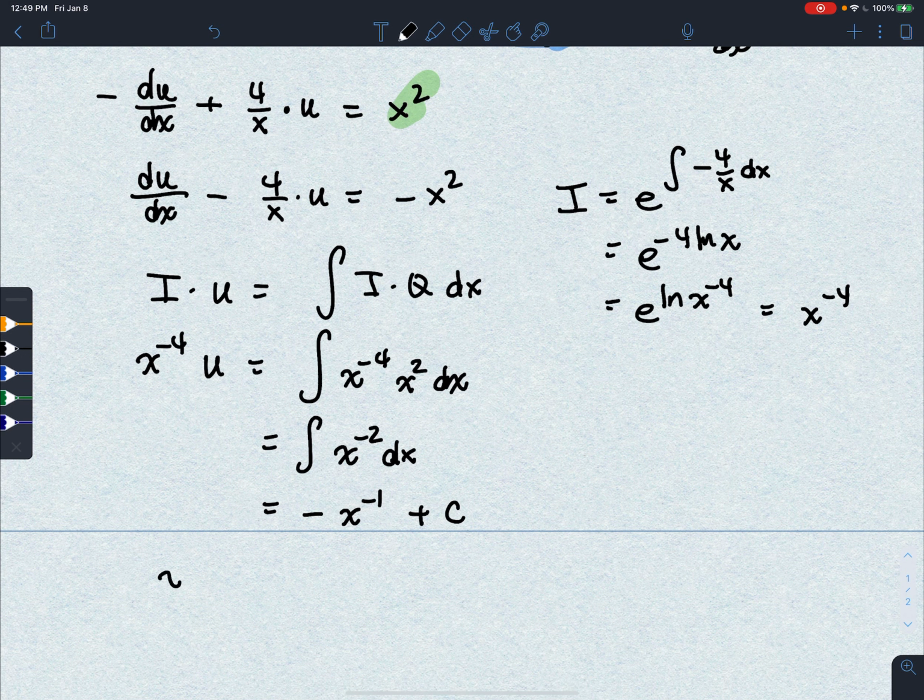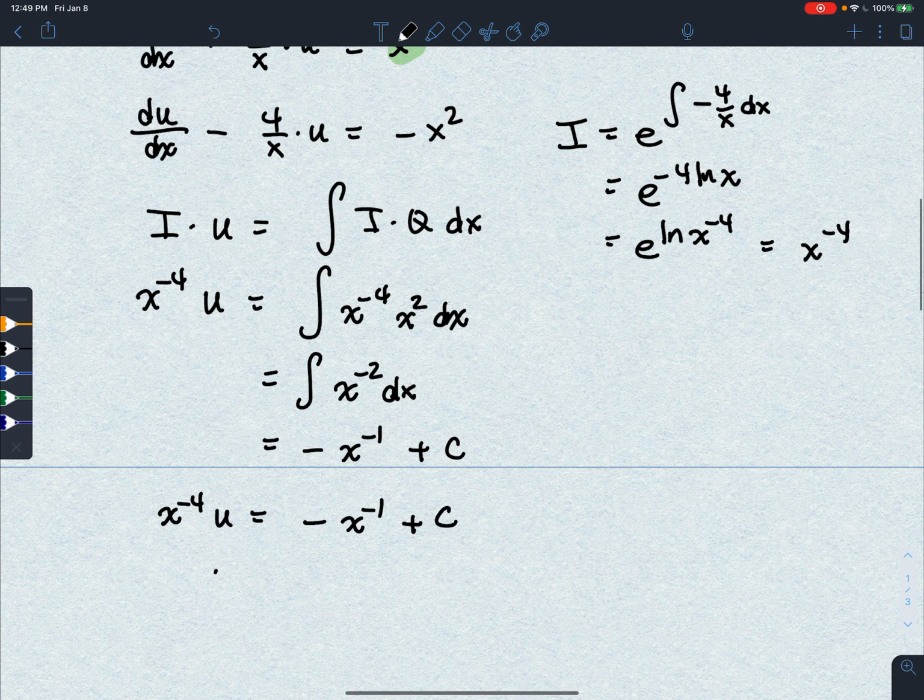So that means we have x to the negative 4 u is equal to negative x to the negative 1 plus a constant. To solve for u, we multiply both sides by x to the 4th. So we have negative x to the 3rd plus c times x to the 4th. So there's the general solution for u.